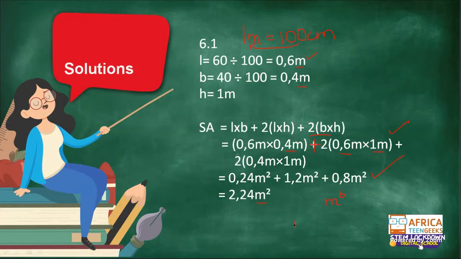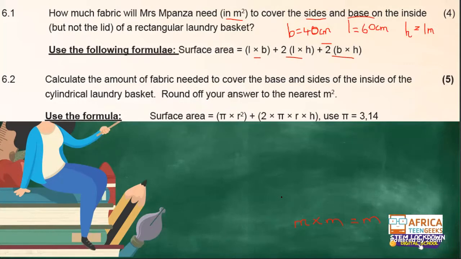Only if you multiply. For example, if you're multiplying a meter by a meter, then the exponents are added. As you saw in this case, meter times meter is meter squared. So your answer is 2.24.